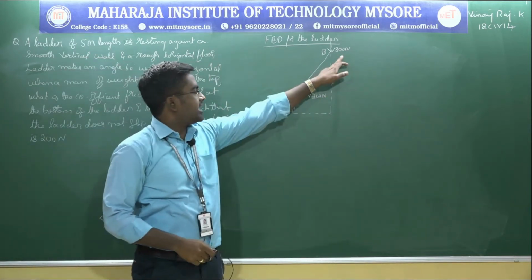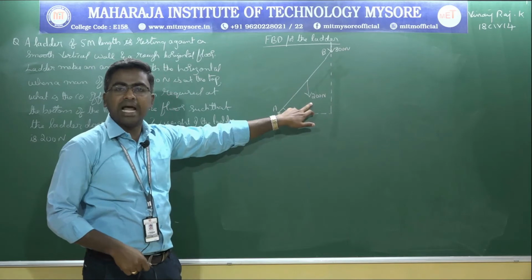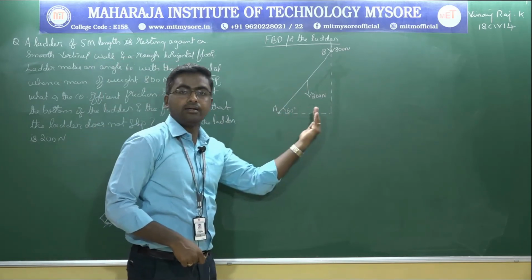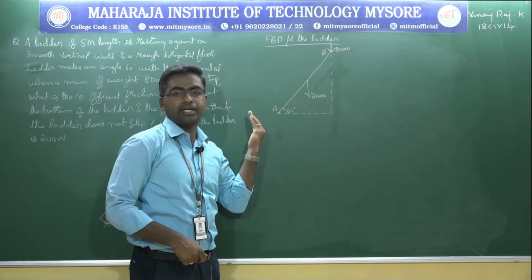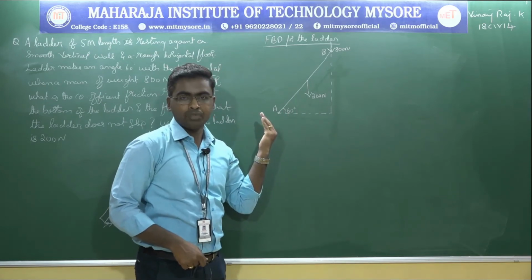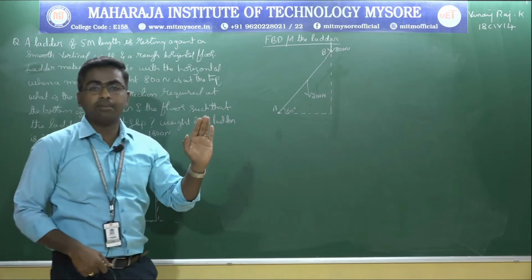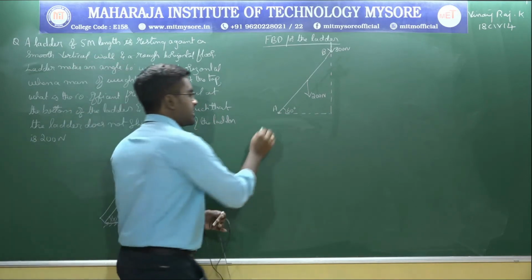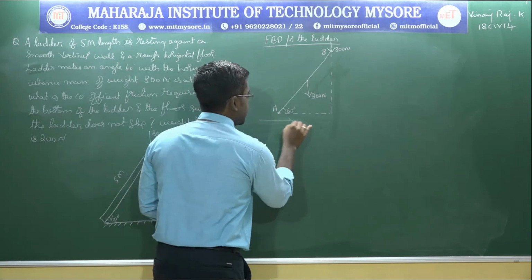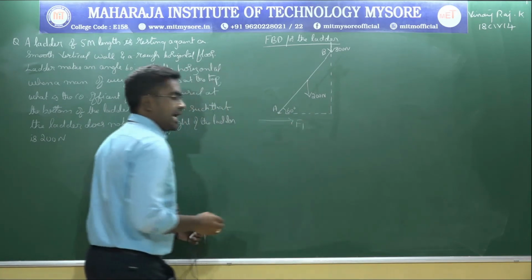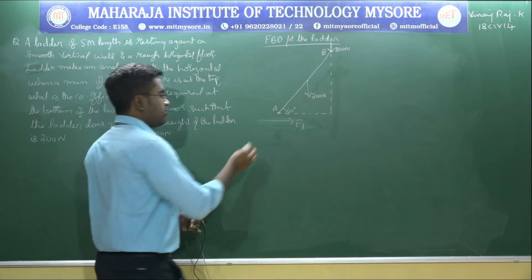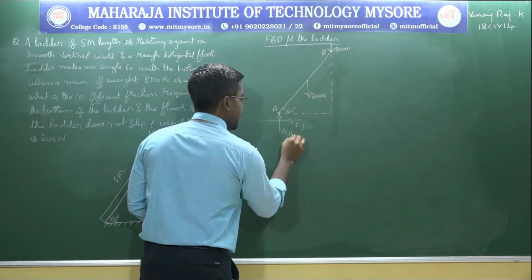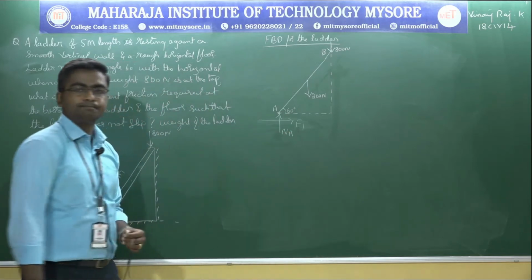Due to the man weight and the self weight, the ladder tends to slip in this direction, towards left. So always the frictional force will be opposite to the impending motion, and the frictional force direction will be F1. And the normal reaction from the horizontal floor, let me take it as NA, right?